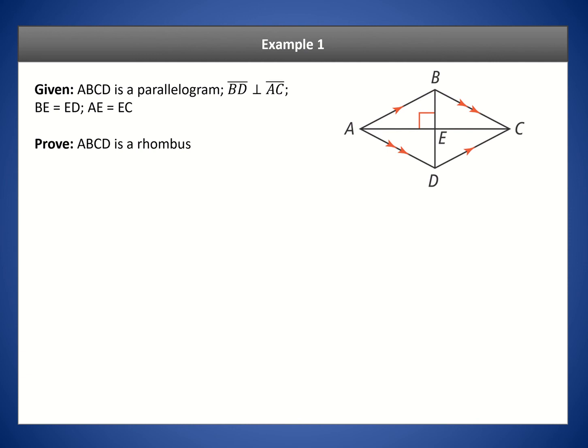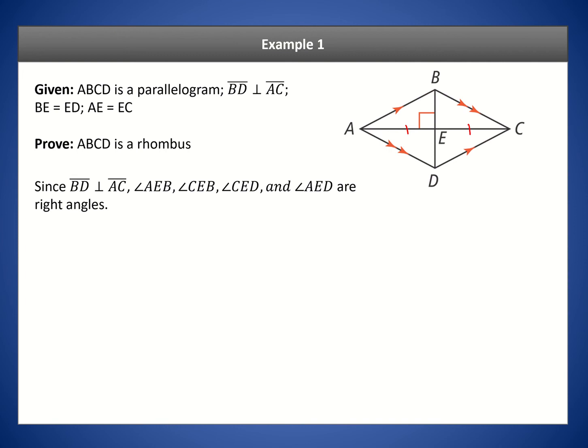So we know that in this case, we have a right angle, that BE is perpendicular to AC, the diagonal, and that it's a perpendicular bisector. So that means that in this case, AE is equal to EC. Okay, so given this information, we want to be able to prove that we have a rhombus here.